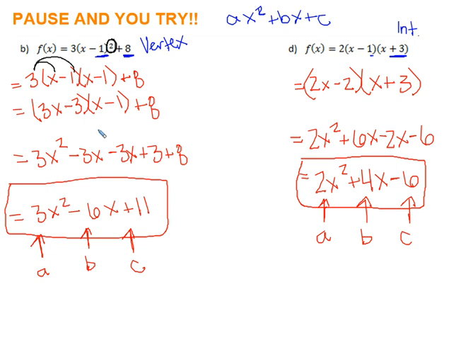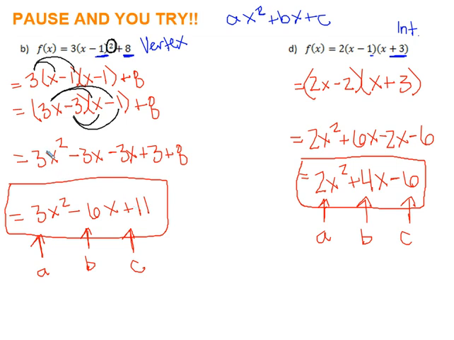Now we can do a little bit more distribution. 3x times x gives 3x squared, 3x times negative 1 gives negative 3x, then negative 3 times x gives negative 3x, and negative 3 times negative 1 gives positive 3. Just notice how the plus 8 keeps carrying itself down the entire way until we start to combine some like terms.